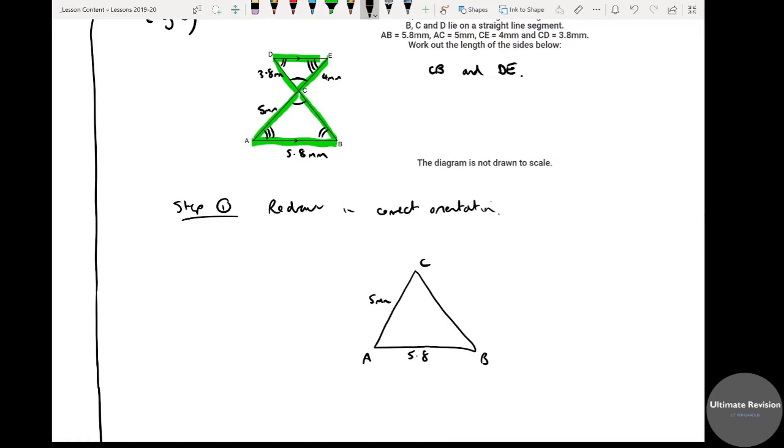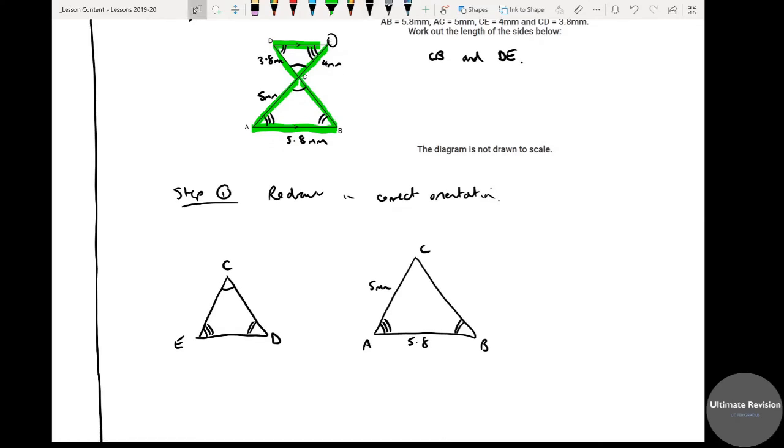Now the small one, the hard bit here is to get the angles in the right place. I know that angle is the triple angle, so this must be the triple angle, and the triple angle there is E. That tallies up, E there. The double angle there, the one I've labelled with a double, that's going to be a D, and that must mean C is at the top.